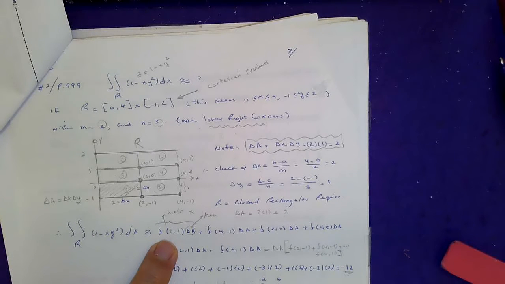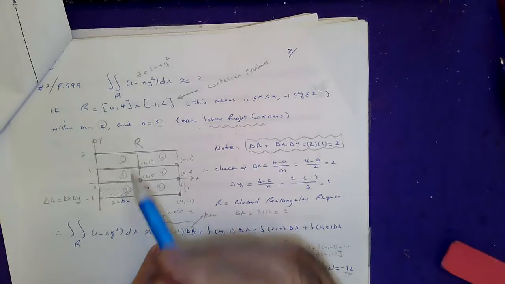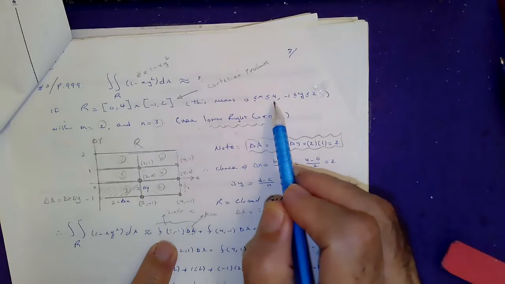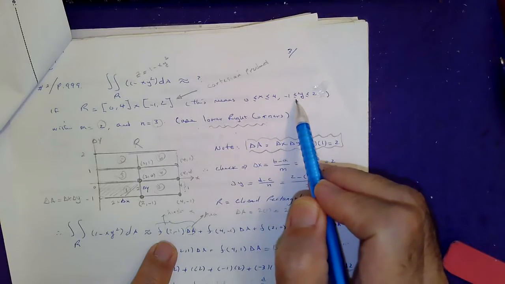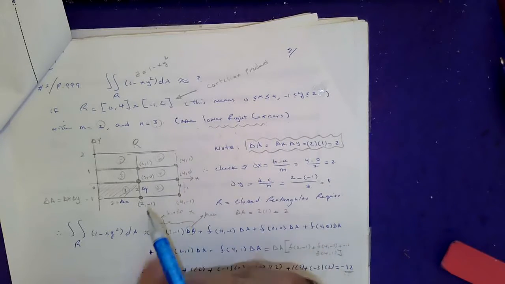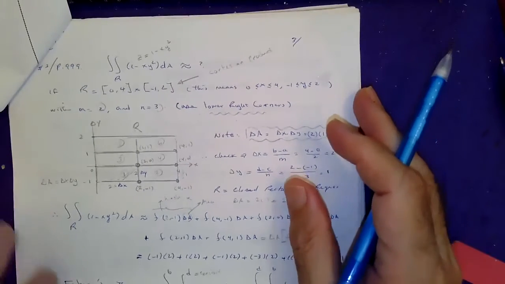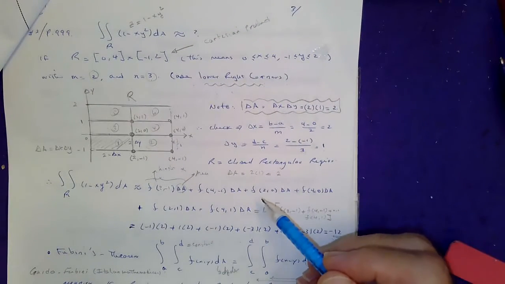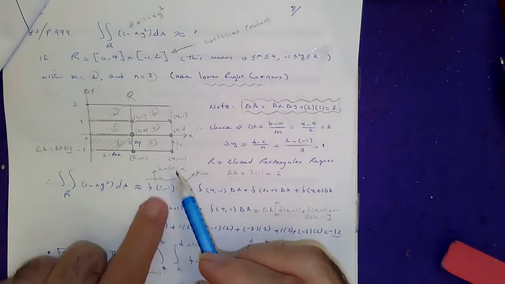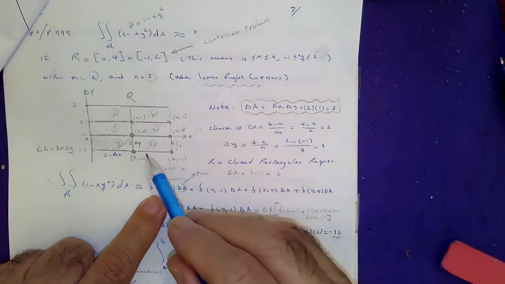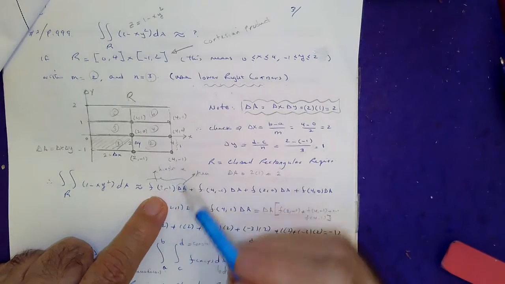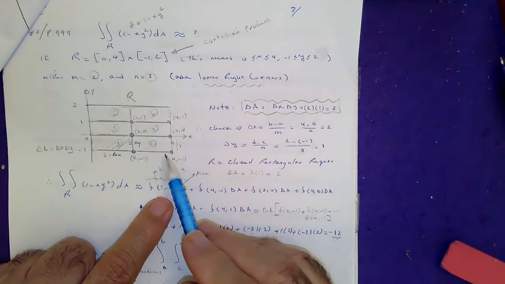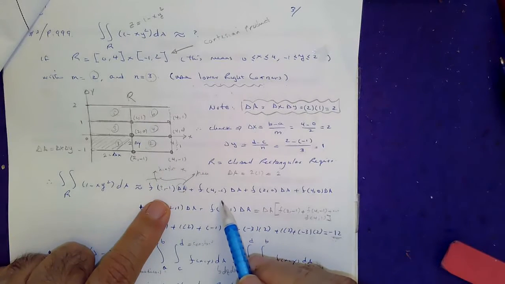Provided, once again, I repeat, provided this function is positive over this region. Turns out in this particular case, the function is not positive, so we are not finding the volume. We're just strictly following the definition, which is evaluating the function at each of these lower right corners, multiplying by the area of each of these what? Boxes on the x and y axis.